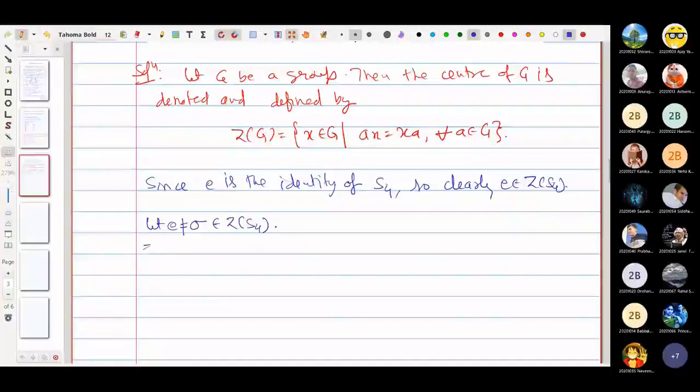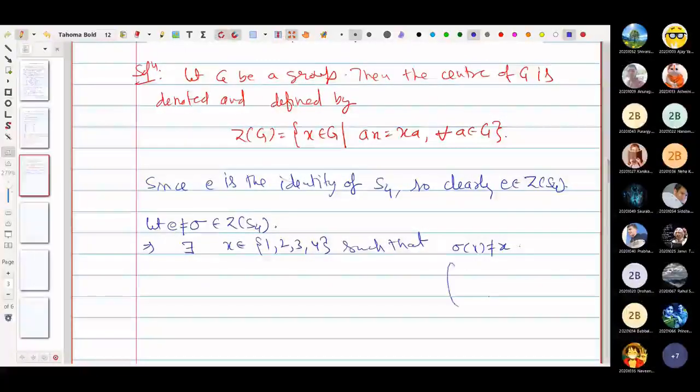So this implies that there exists x belonging to the set 1, 2, 3, and 4, such that sigma of x is not equal to x. You know why? Because sigma is not identity.